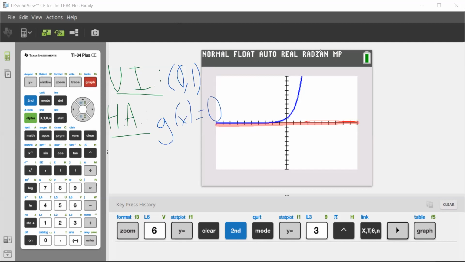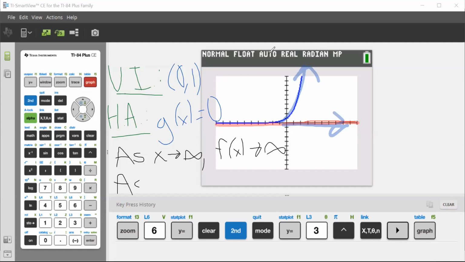And then let's look at the long run behavior here, because this is kind of interesting. As x goes towards positive infinity, so as the input values go to the right, notice what the output values do. They go up and up and up. So it looks like as x goes to positive infinity, f of x goes towards positive infinity.